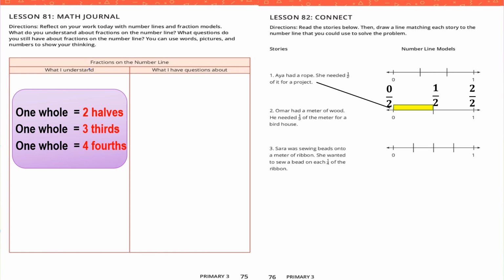The first or the second one? Yes, the first number line. The second step, label each dash with the fraction 0 over 3, 1 over 3, 2 over 3 till the whole fraction 3 over 3.